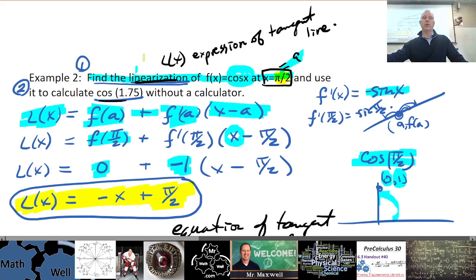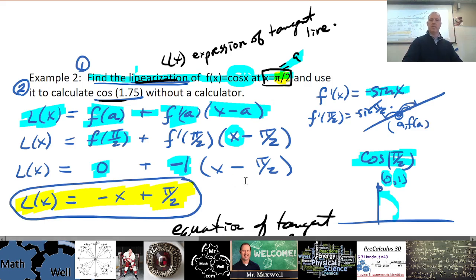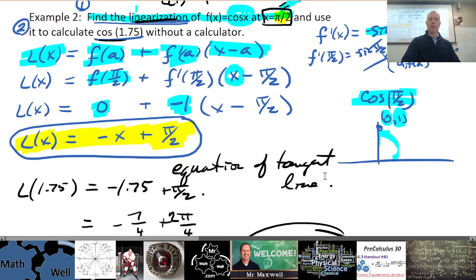It would be reasonable to use this linearization equation to estimate my cos of 1.75. So for step 1, finding linearization, any questions about this? Is this okay? Anything on the screen that didn't make sense? Did I go too fast, or are we good? Linearization is a general equation for that tangent line. Notice I haven't drawn cos of x, I haven't sketched it, we're not even sketching that yet at all.